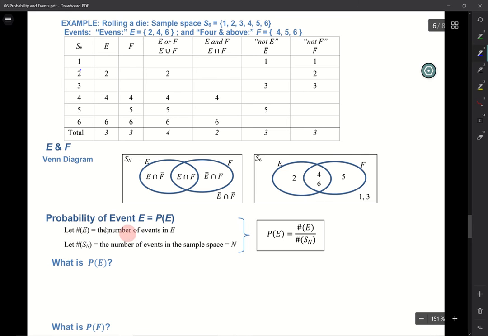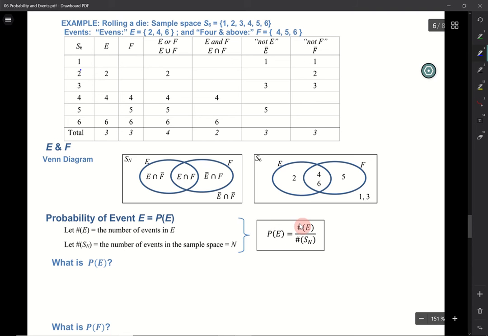Right, and so to find the probability, you just take the number of events that are in E over the number of events in the sample space, the total, and that's your probability. So what's the probability of E, where E is the evens on a six-sided die? We just apply this formula.